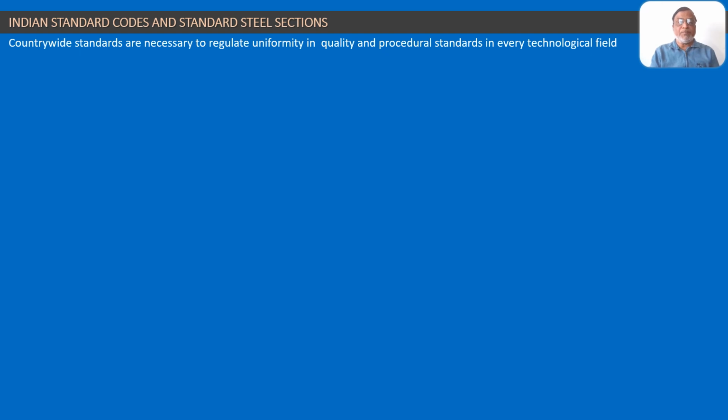In this slide, we will get introduced to the Bureau of Indian Standards and the concept of Indian Standard Codes. In order to regulate uniformity in quality and procedural standards in any technological field, a country-wide standards authority is necessary.